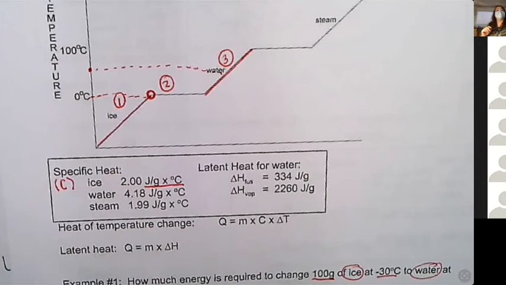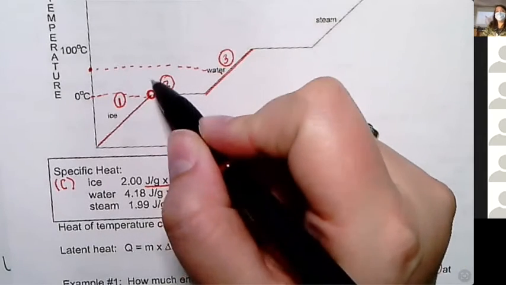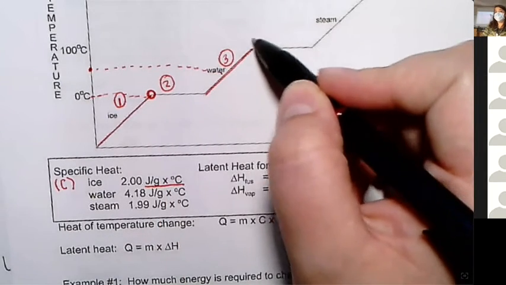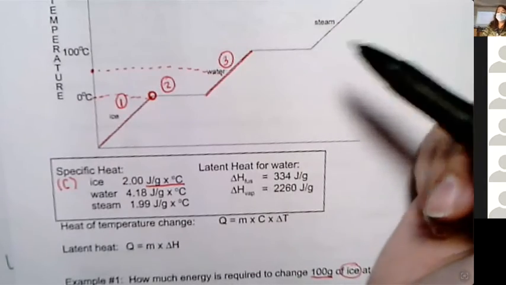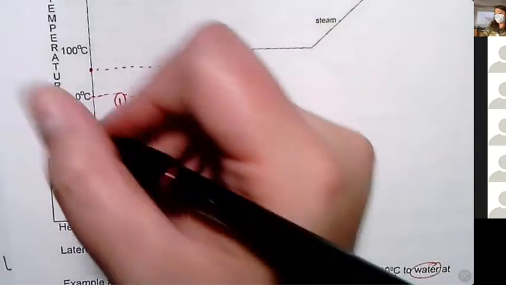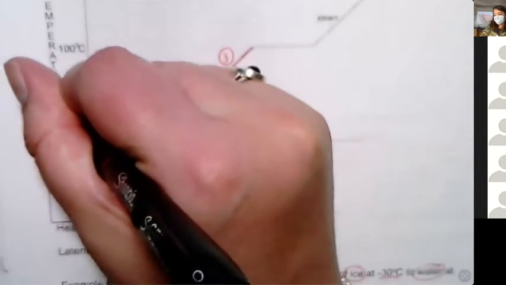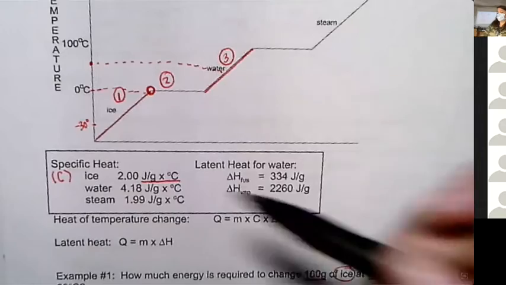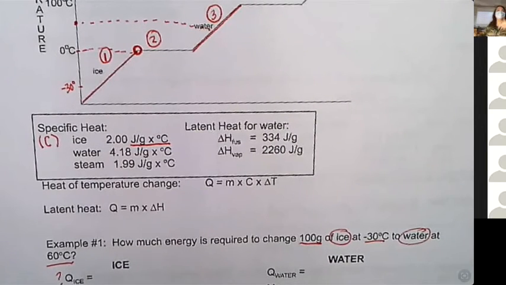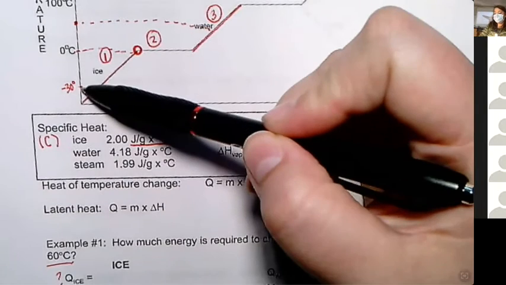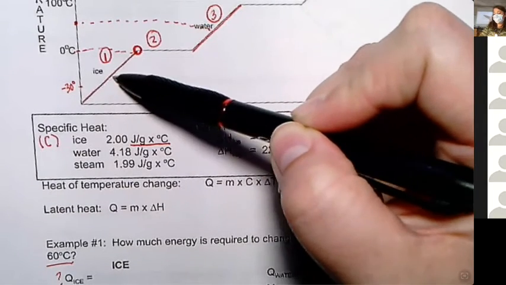When we're going from one state of matter to another, you have to calculate up to its melting point or boiling point. So what I mean is, if we started at -30, let's just assume that -30 is right here. The problem says we want to calculate this stuff for ice. That means that we can only go up in temperature until we don't have ice anymore, or until it starts to change. So when we go from -30, we go up, up, up.